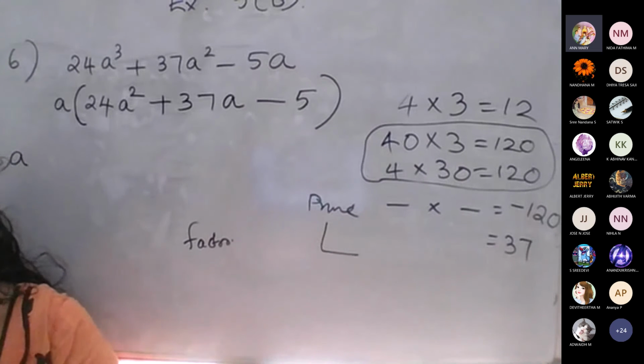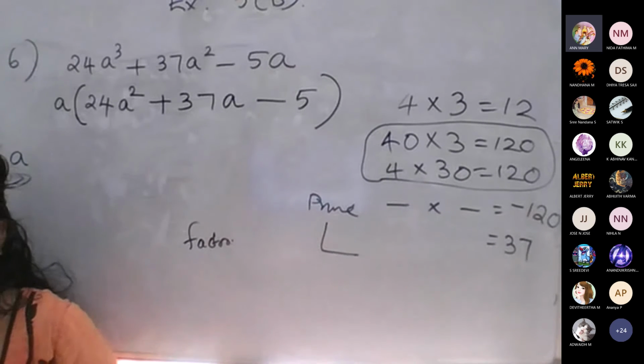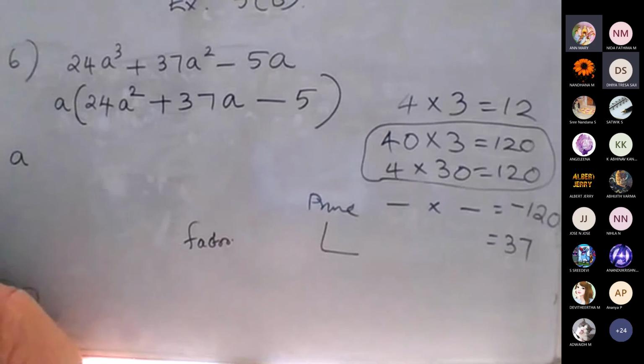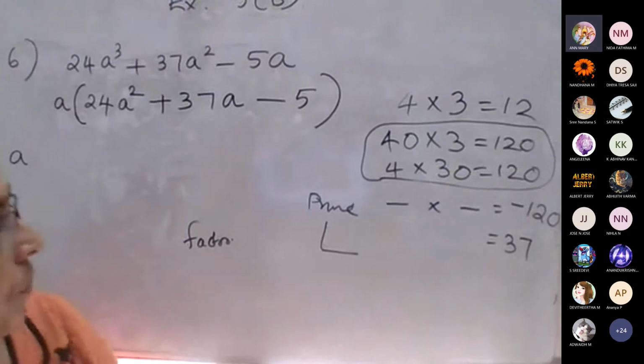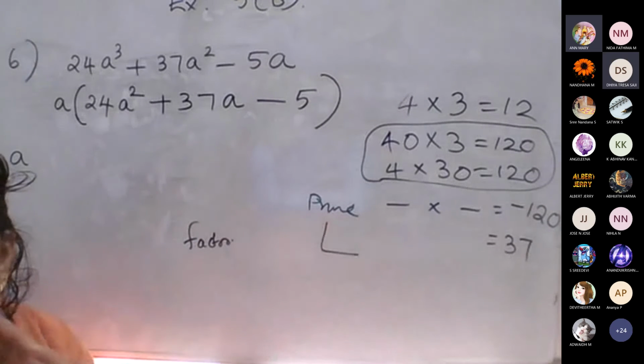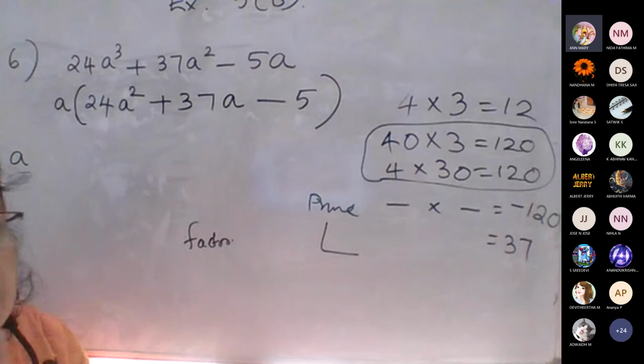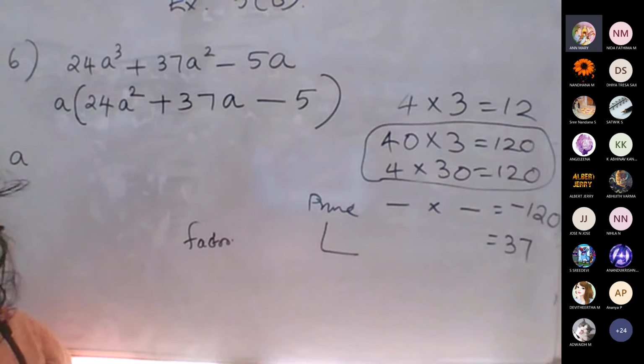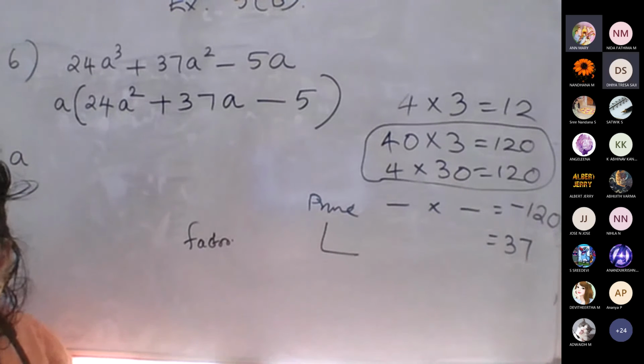Which one is easy, you can follow that. Has anyone done with the prime factors? No one. So this is rough calculation. Are you satisfied with the rough calculation? Yes, ma'am.